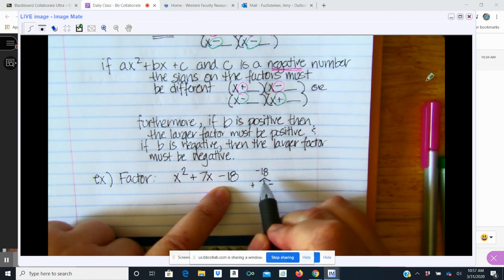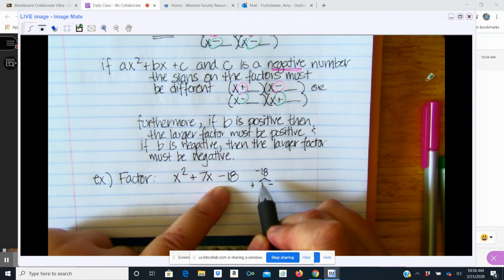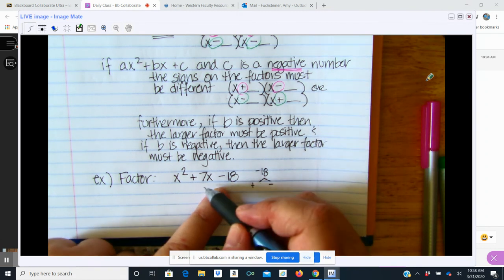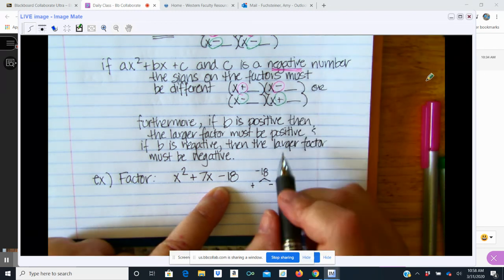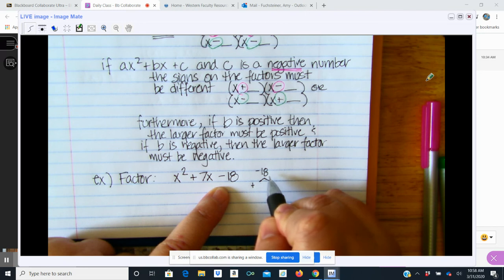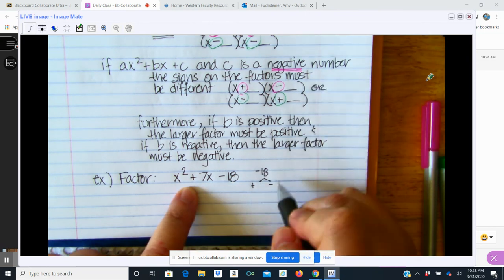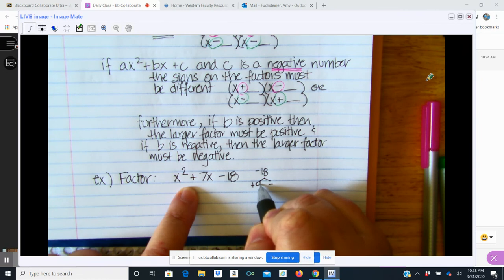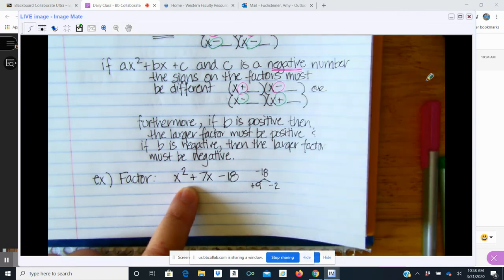So what two numbers multiply to give you 18, but when you add them, you get a positive 7? Good. It's a 9 and a 2 to get an 18. And because this is a positive 7, I know the larger factor must be positive and the smaller factor must be negative.